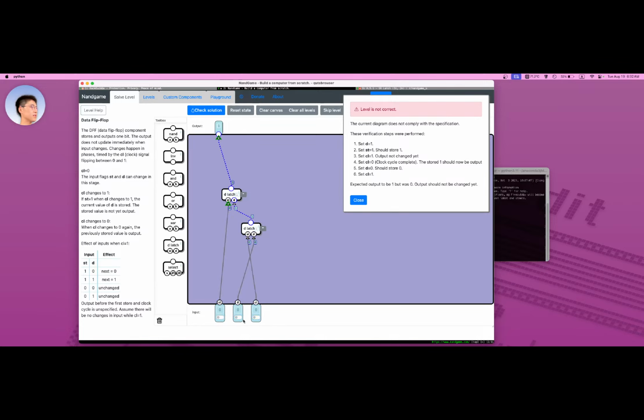Let's start again. D is 1, ST is 1. Oh. No, we should not do it like this. We need to use AND maybe here. Still, again, still.